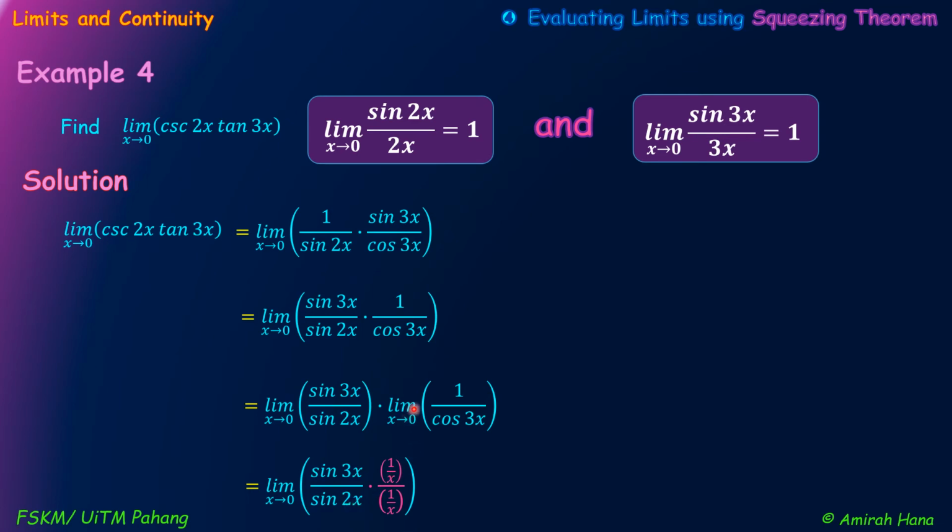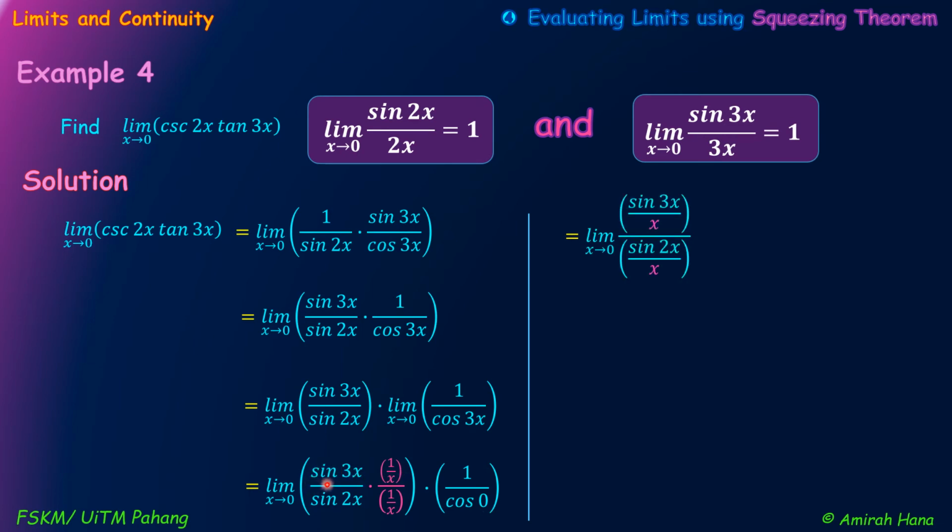Right? And then from here, we just use direct substitution to solve this limit. So we plug in 0 into variable x here. So we get 1 over cos 0.